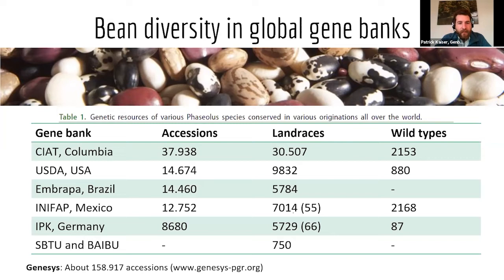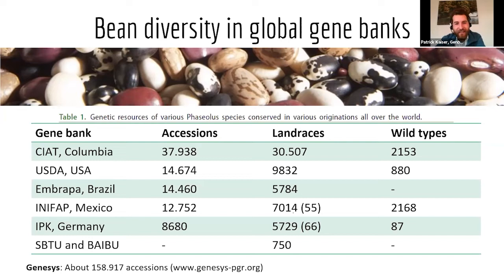And recently, Genesys is a network homepage trying to collect all the accessions on a global scale. It's a platform where you can find the information about plant genetic resources. And if you go for Phaseolus there, it's coming up with 160,000 accessions of beans. So unbelievably high numbers.